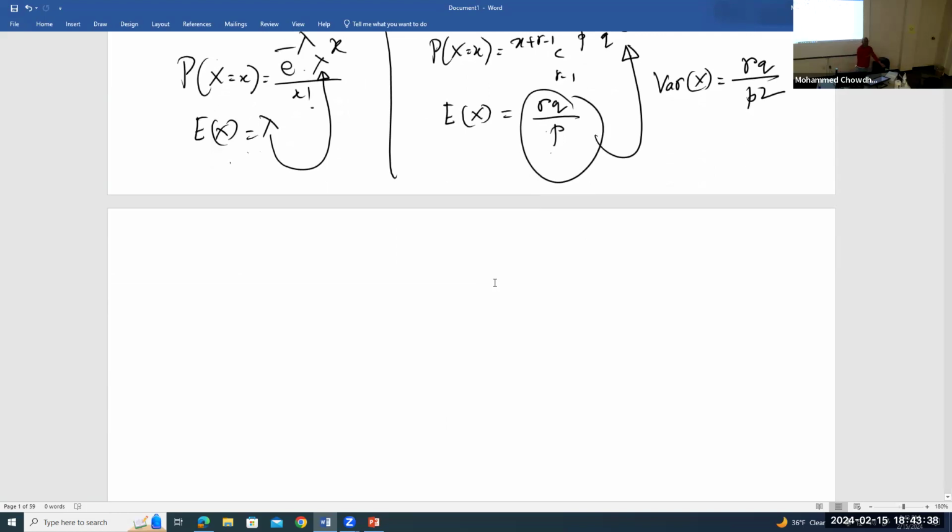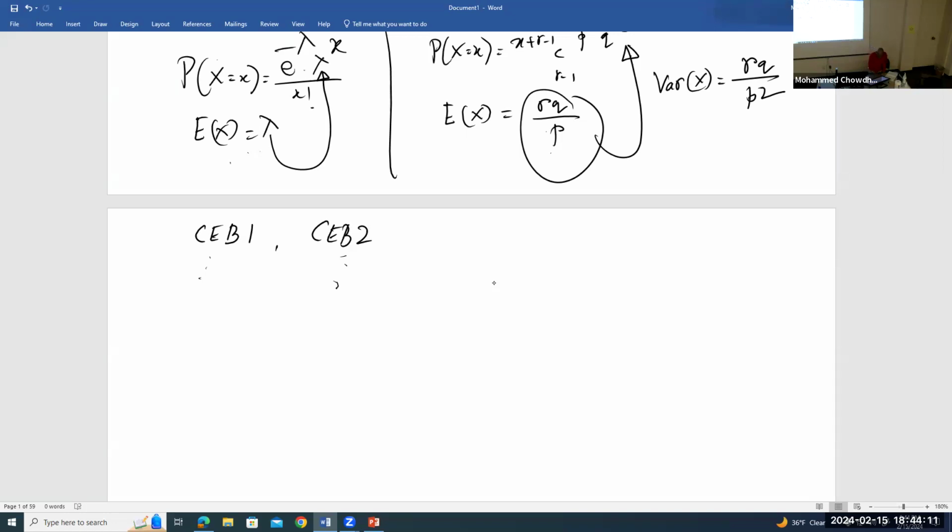In your homework problem, I have given a data set where there are two variables, CEB1 and CEB2. I say use this variable as a dependent variable for a Poisson predictive model or negative binomial predictive model.